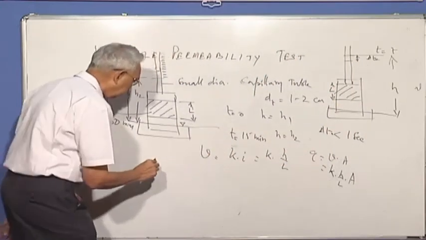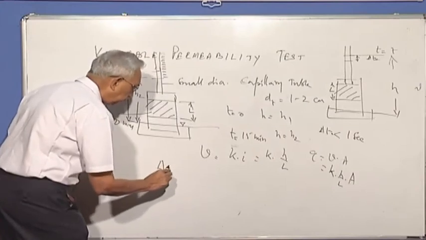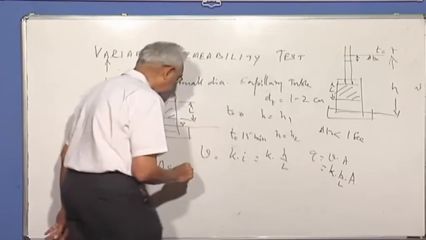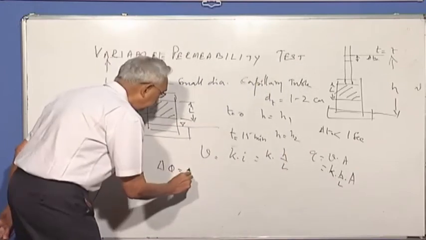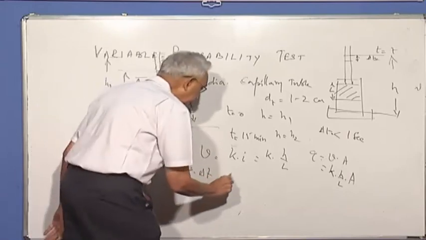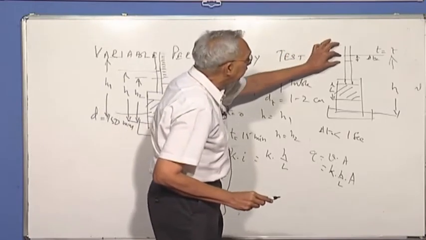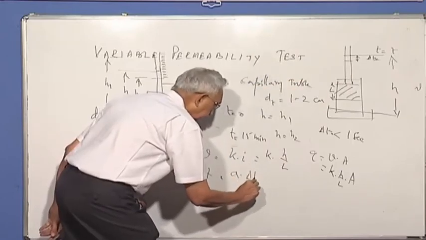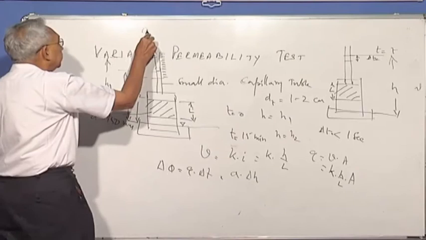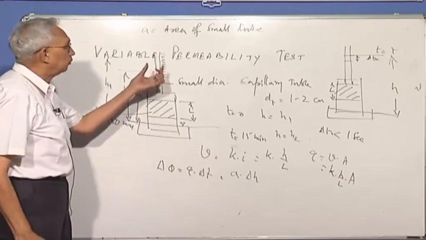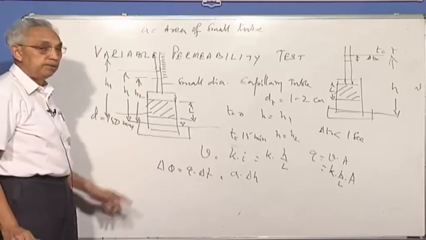So can I say what will be delta Q over that time interval? This is equal to Q into delta t. Isn't that equal to delta h into area of the tube? Area into delta h, where small a is the area. Because a is very small, you can see the waterfall within that.